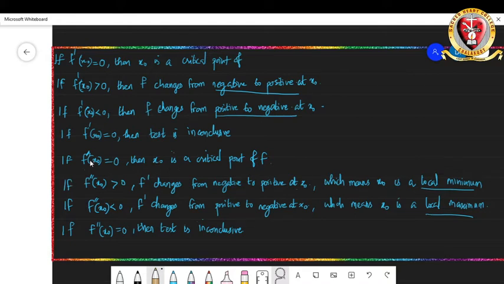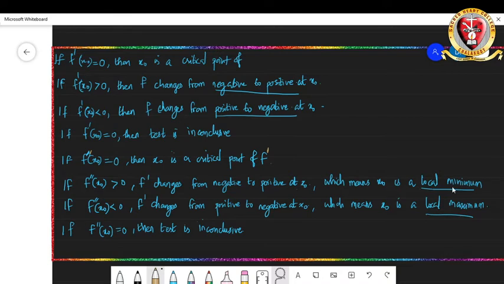Similarly, if f double dash of x naught is equal to 0, then x naught is a critical point of f dash. If f double dash of x naught is strictly greater than 0, we can say that f dash changes from a negative value to a positive value at x naught, which means that x naught is a local minimum.